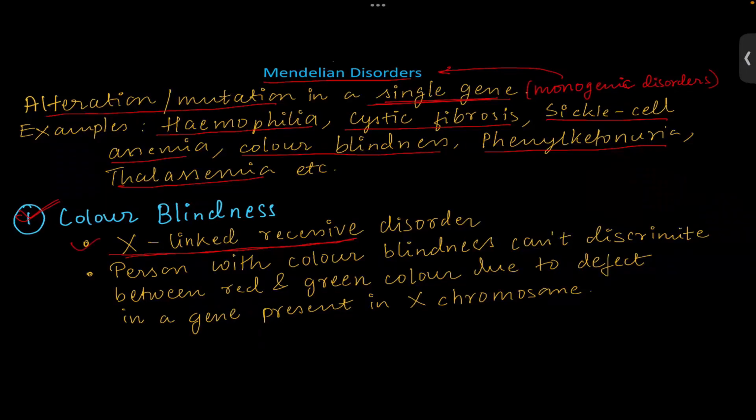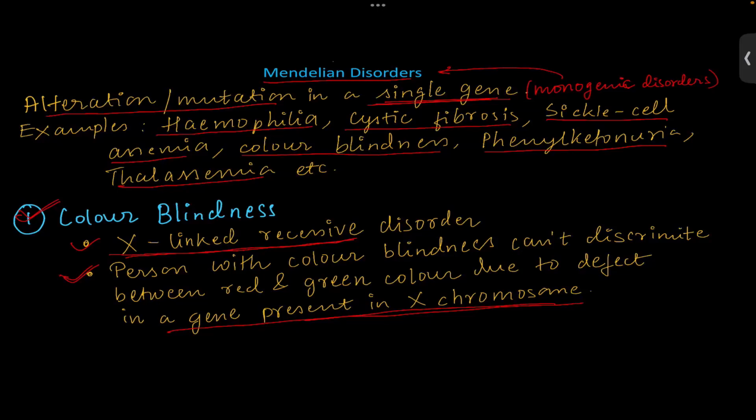The person with color blindness can't discriminate between red and green color. It is very difficult for them to distinguish between red and green. It is because there is a defect in a gene which is present in the X chromosome. In the eyes, there are rods and cone cells. In the color blind person, the cone cells for the red and the green color are not functioning properly, because of which that person cannot discriminate between these two colors.